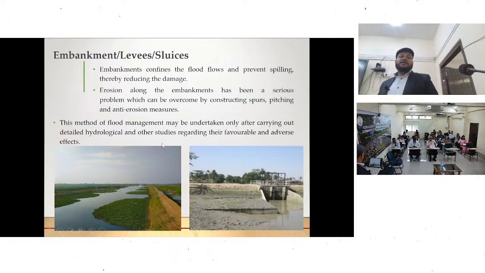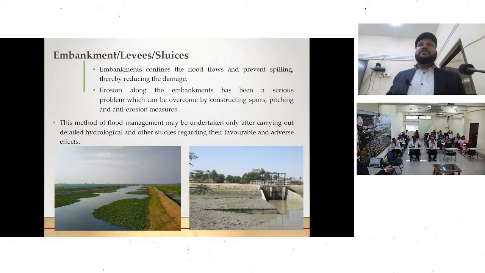After constructing an embankment, there is one more issue: waterlogging. In a lot of places where an embankment has been constructed, because there is slope, water flows from higher slope to lower slope. But once we have constructed an embankment, some water, rainwater, may not flow. Then we also have to make a provision of sluices.